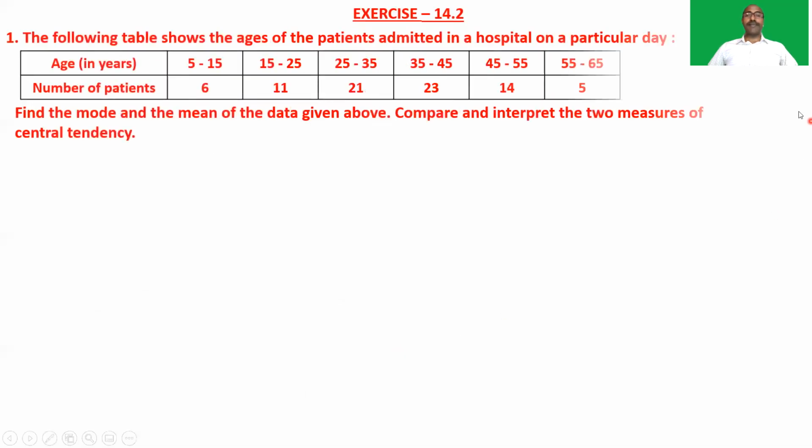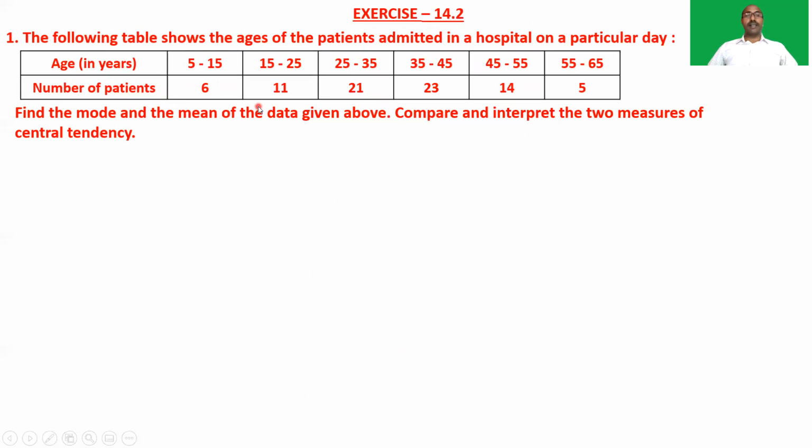Exercise 14.2. The first problem is: the following table shows the ages of the patients admitted in a hospital on a particular day. In the first row, age is given in years, and in the second row, the number of patients is given.